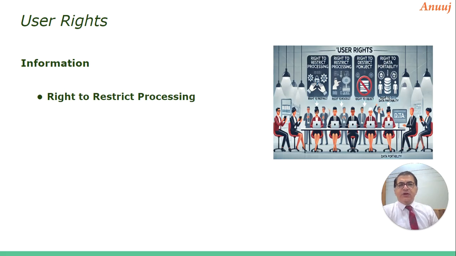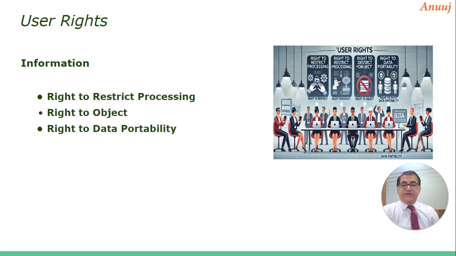I can choose what part of data I want to get processed, what part I don't want, and I can choose for which services you can process my data and for which you cannot process my data. So I have a right to restrict processing of my personal information. I also have the right to object to processing of my personal information.